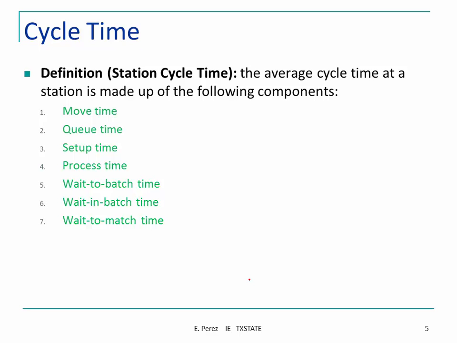Basically, if you need to combine two components, maybe you need to wait until the other process is finished so you can combine those components coming from your line. Okay, so it involves a lot of things. You're listing seven here, but it's likely you can have more, like if your process depends on an operator, that can also influence your cycle time.